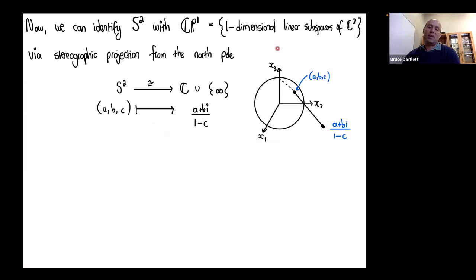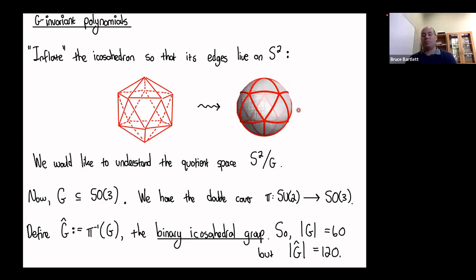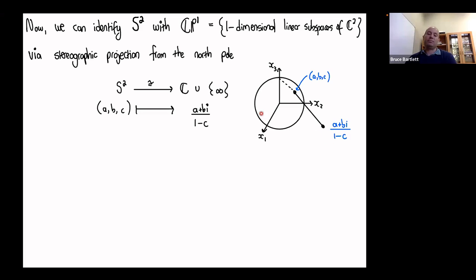Okay, the other translation we're going to need to do is that we've got the two-sphere identified with one-dimensional complex projective space, which is by definition the set of all one-dimensional linear subspaces of C2. And the way that identification works is you just do stereographic projection from the North Pole. So I've got a point in S2. I can stereographically project it to get a point on the complex plane.